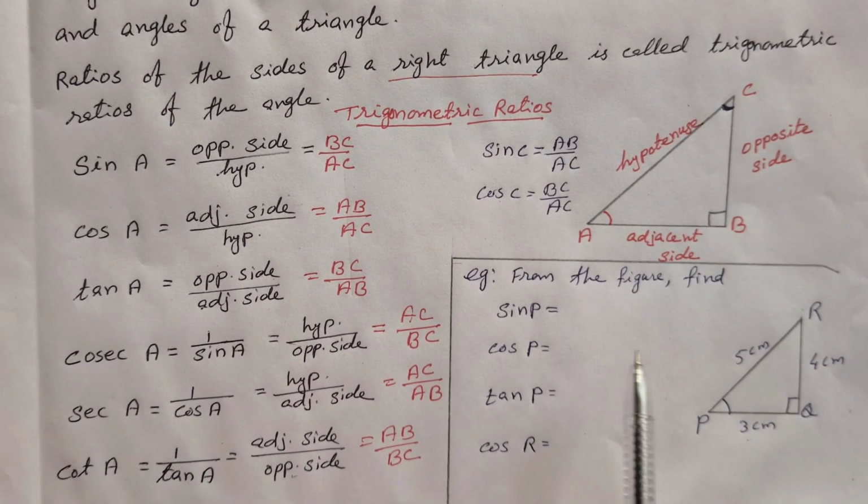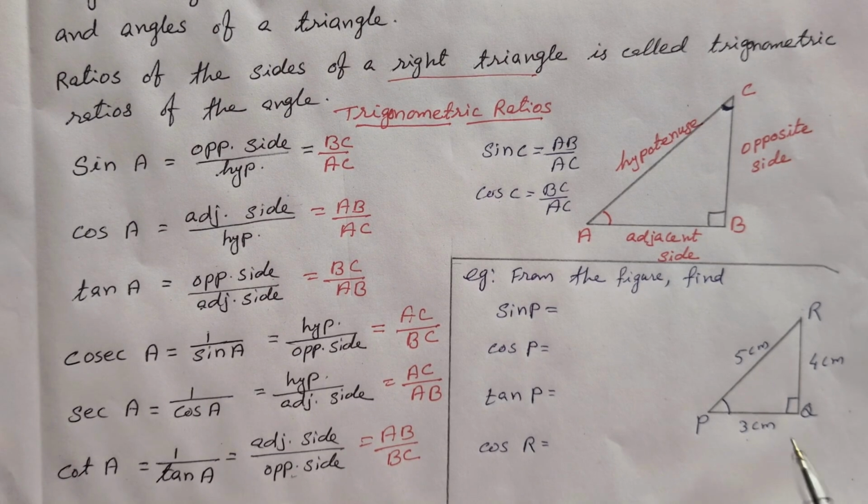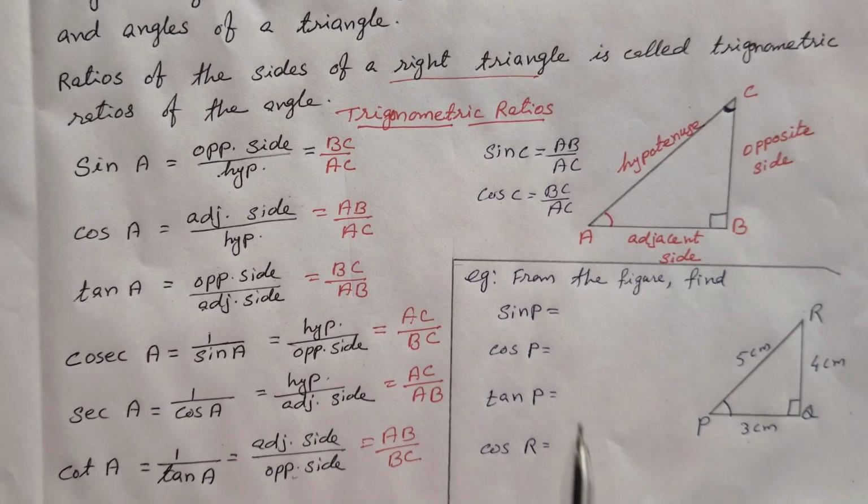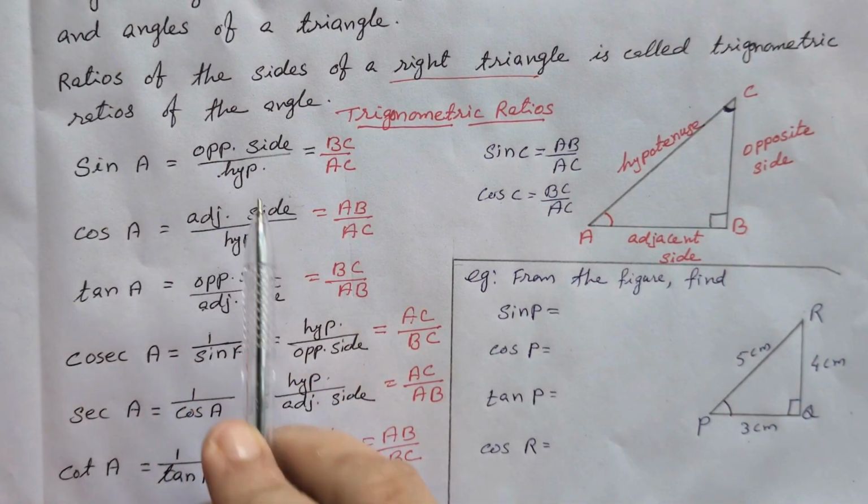An example for that. Here the figure is given, and based on the figure, find sin P, cos P, tan P, cos R. Sin P means based on angle P, opposite side by hypotenuse.